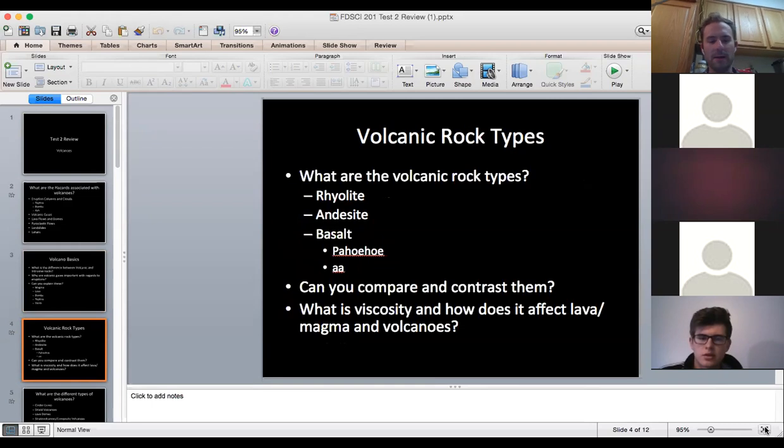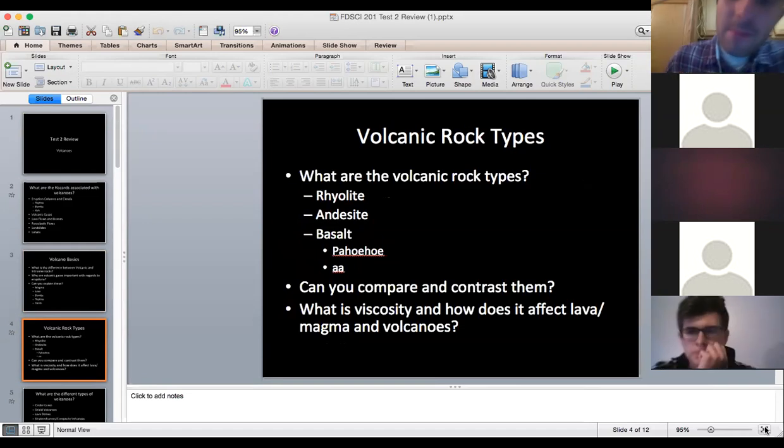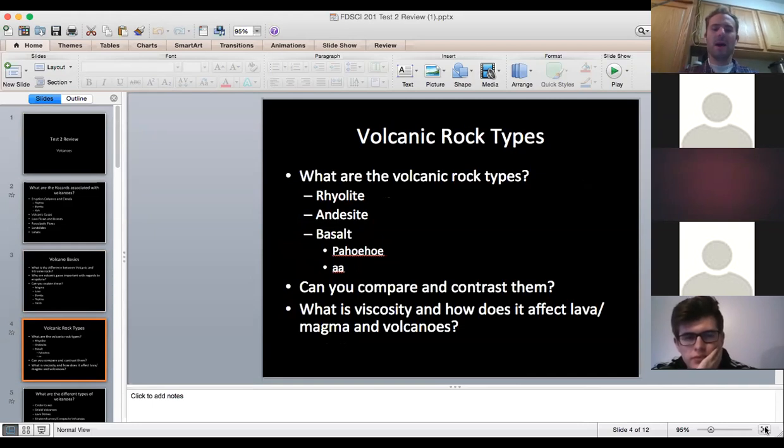So what it has to do with is your magma. If you get more of what's called silica in it, it makes a more felsic magma. Typically along subduction zones, this is where your composite volcanoes form, and they pick up a lot of quartz and other minerals from the crust as it's being subducted underneath.